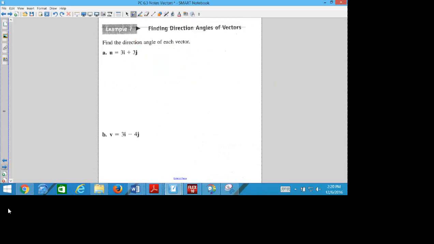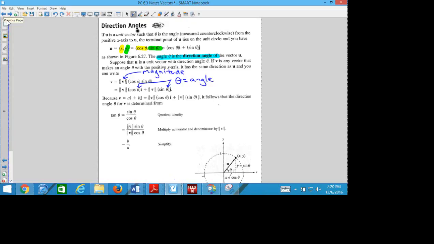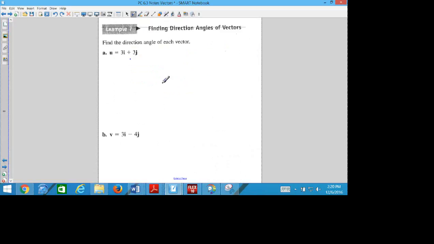So find the direction angle of each vector. I give you 3i plus 3j. You want to compare it back to where they have i and j right here. If we have 3i plus 3j, then I know that cosine is 3 and sine is 3. So I'm going to draw a picture where cosine is 3 and sine is 3. That is otherwise known as the component 3, 3.